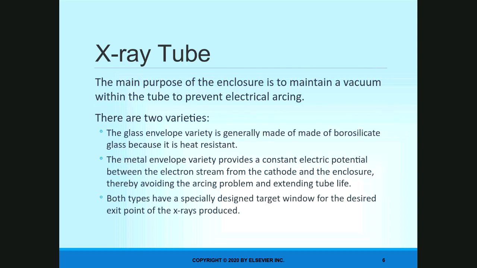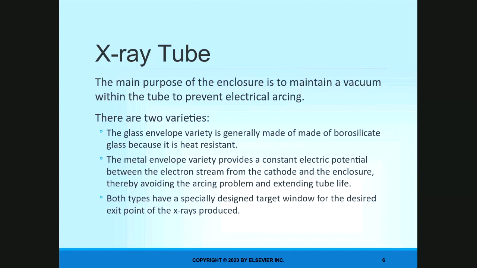The purpose of the enclosure is to maintain the vacuum that is within the tube, because when we produce X-rays, there's an interaction between electrons that come from the cathode and the anode target.